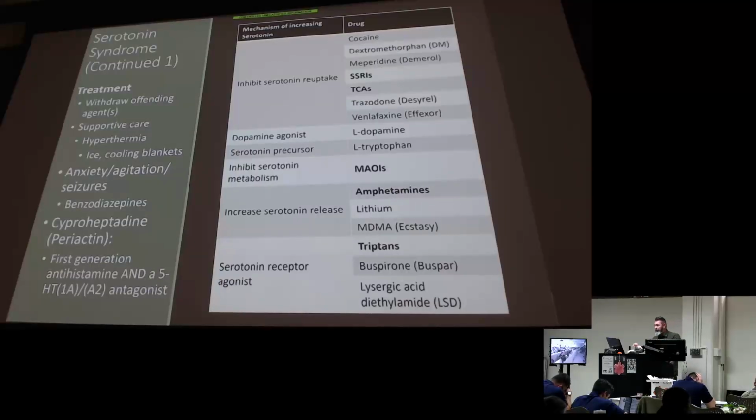And then we often put a first generation antihistamine on board too, like diphenhydramine, good old Benadryl. So I want you to know the signs and symptoms and the big players that, with triptans, can lead to serotonin syndrome. And I'd want you to know the medication that's specific to helping reverse the serotonin syndrome.